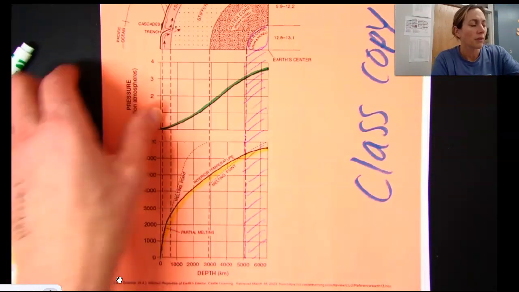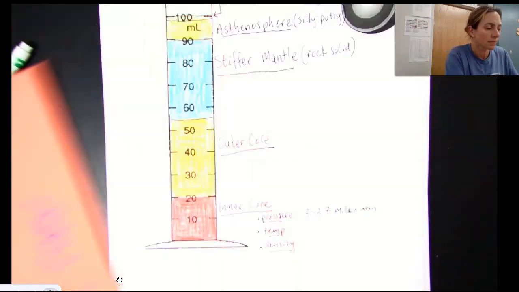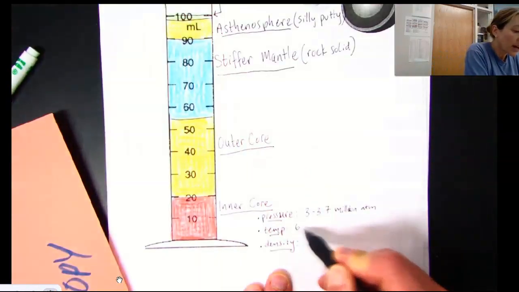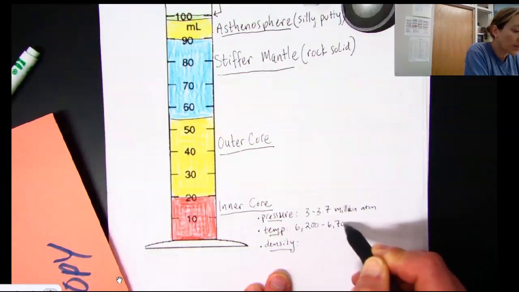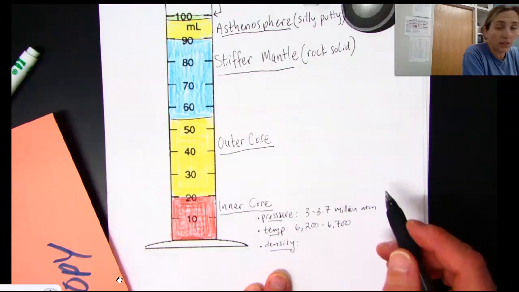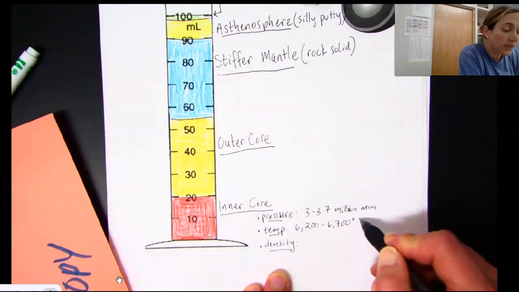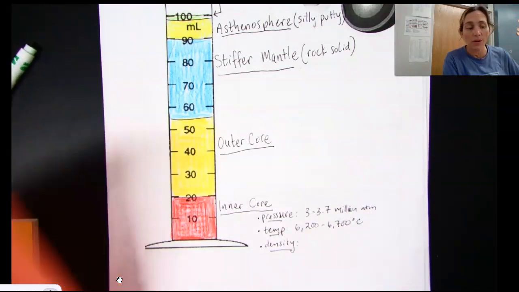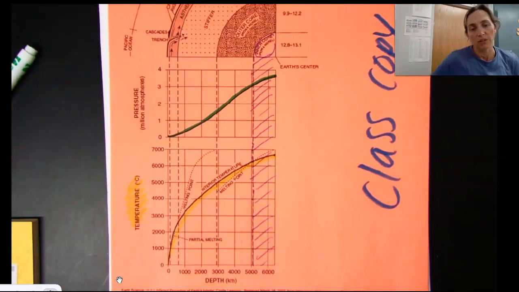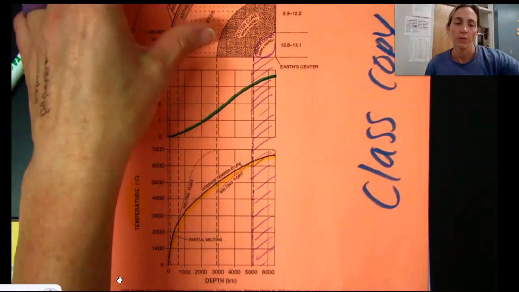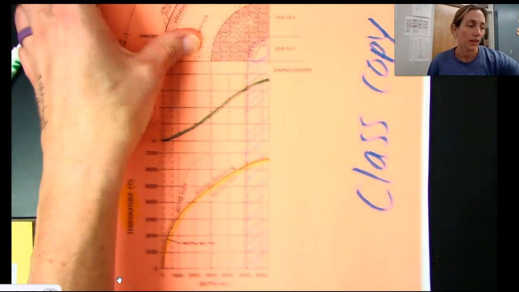So I'm going to write that in: 6,200 to 6,700, and that is degrees Celsius. No naked numbers. Always remember your units. Degrees Celsius. So it would be even a higher number if it were in the units degrees Fahrenheit.